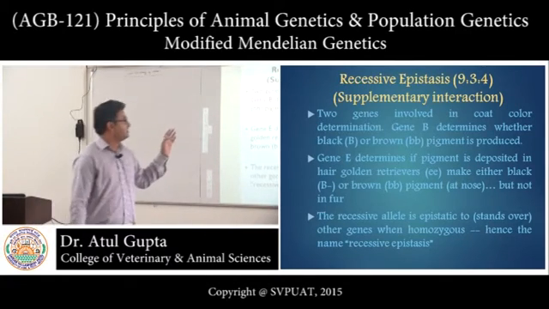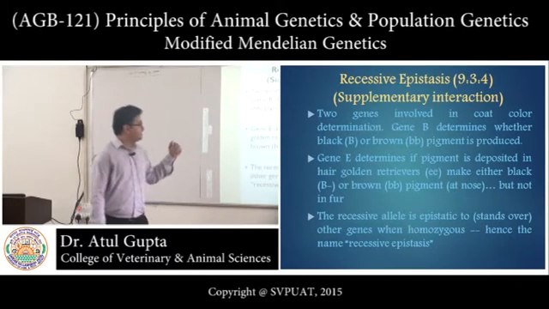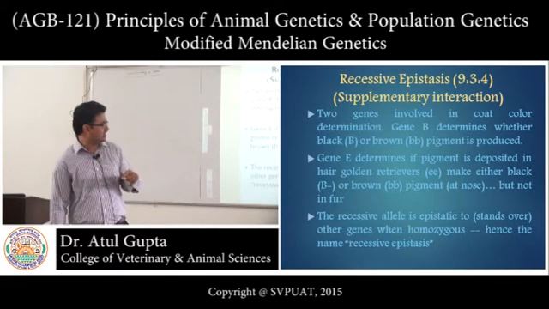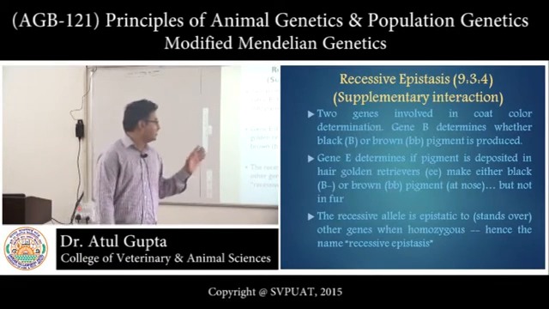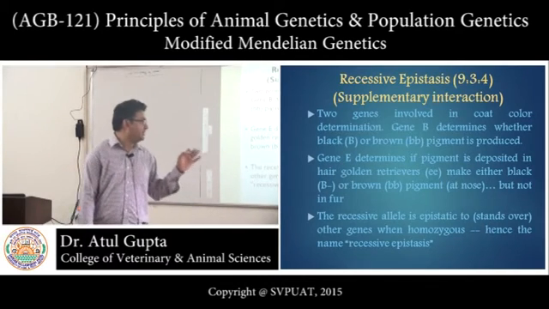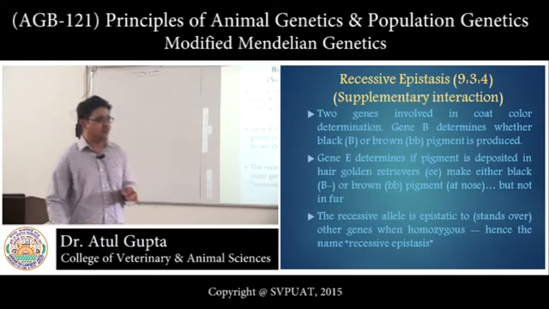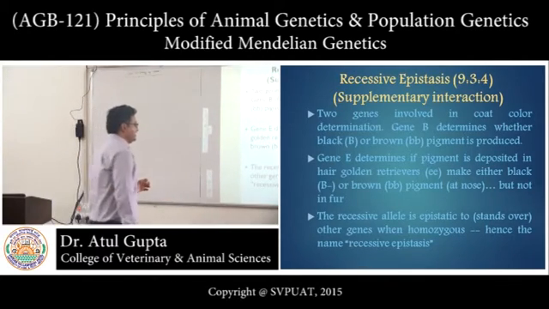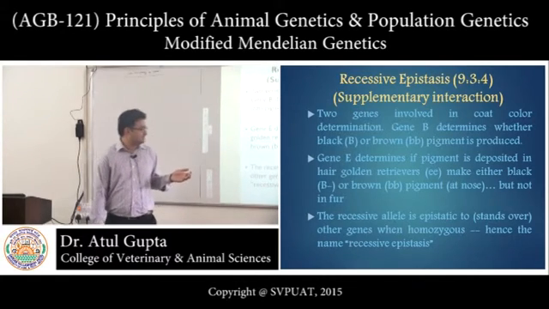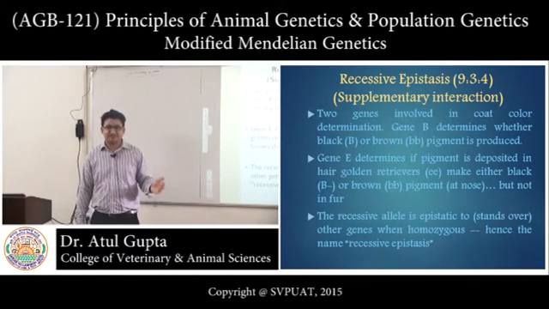Capital B determines whether black or brown pigment is there, and the other gene is E, which determines if pigment is deposited in hair. If not, it will be golden retriever, that is ee, making either black B_ or brown bb pigment at the nose but not in the fur. The recessive allele is epistatic to other genes when homozygous, hence the name recessive epistasis is given.